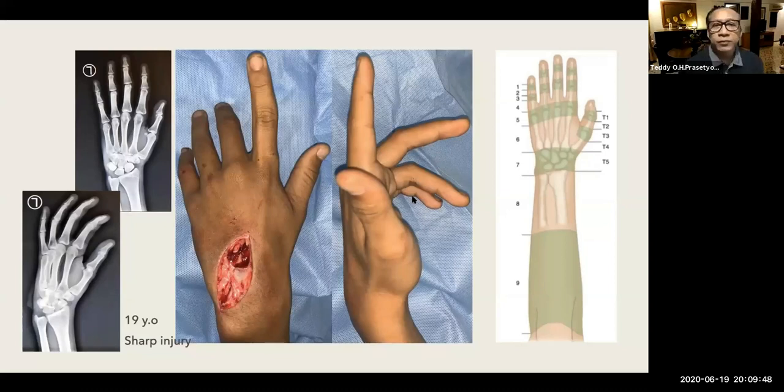All right, let me just start with this slide. When you see the slide, I think it's very simple to understand from the presentation of the wound. It comes from a sharp injury during the pandemic in Jakarta.